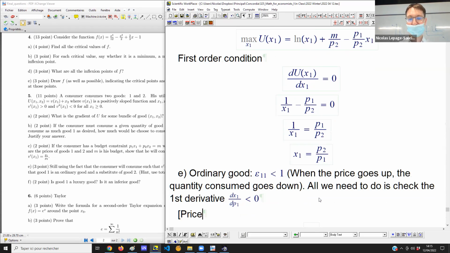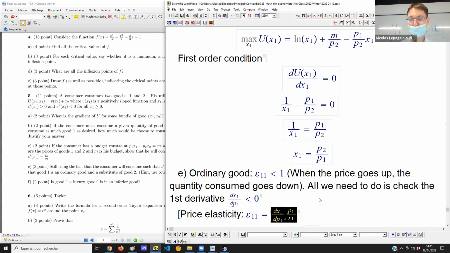You're not going to have elasticities in the exam, but still, price elasticity is equal to the derivative times P1 over X1.